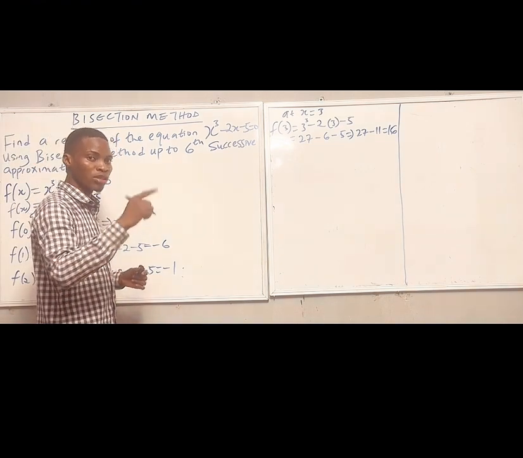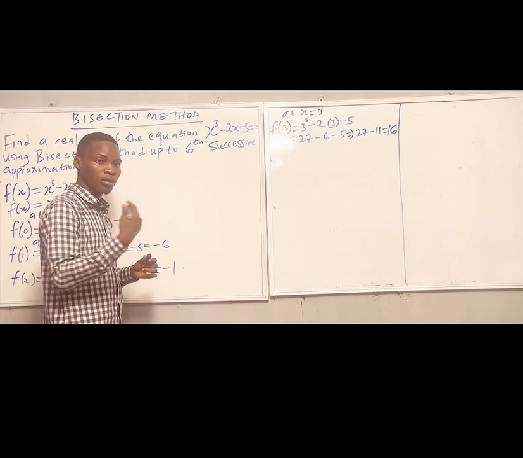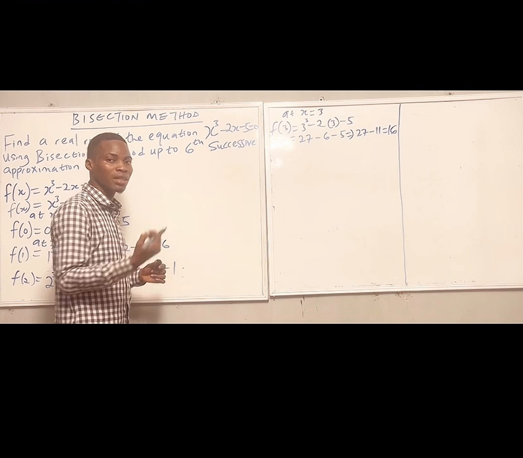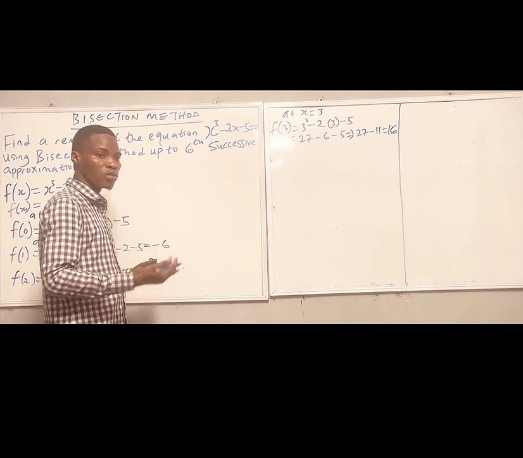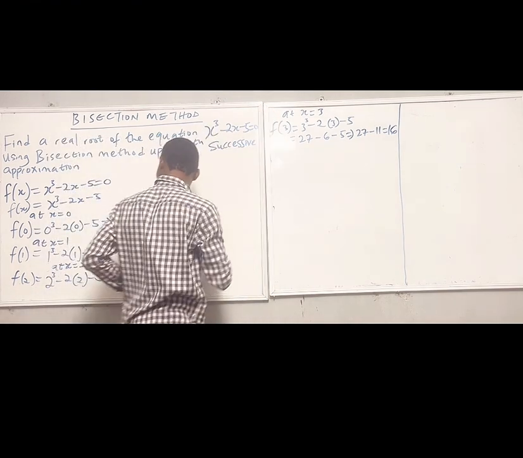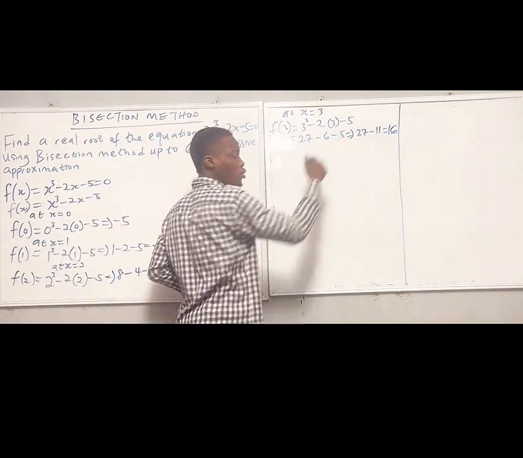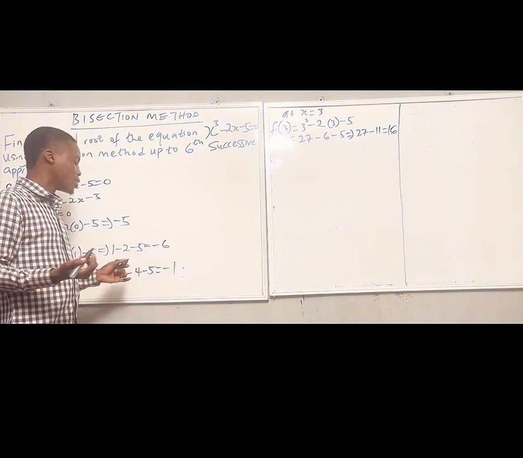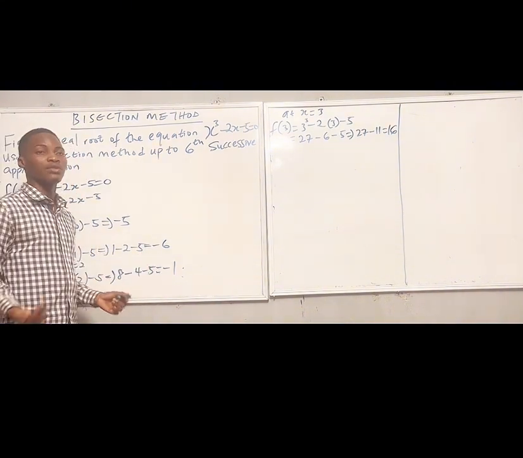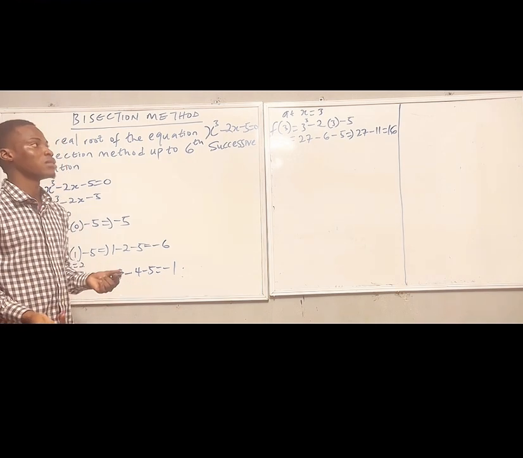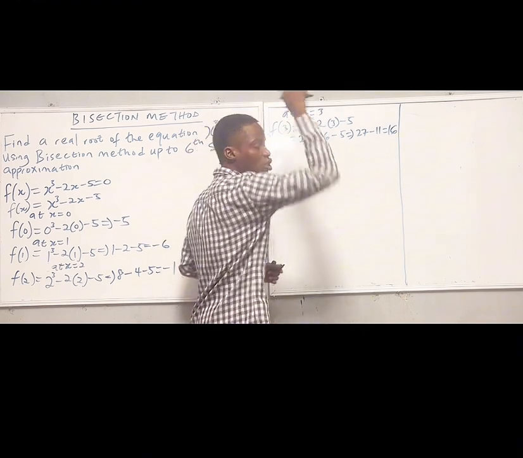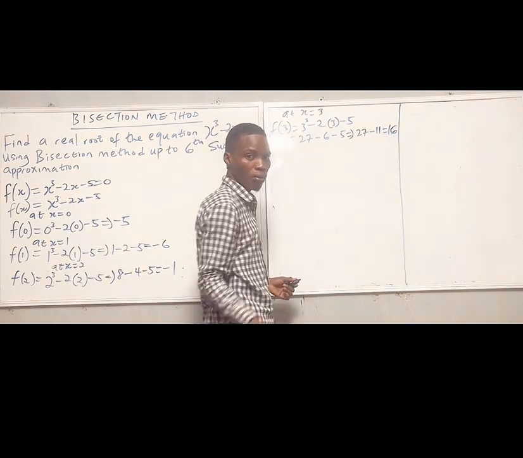I'll first do my iteration, and that will determine where my real root lies. Since f of 2 is negative and f of 3 is positive, my root lies between f of 2 and f of 3. That gives me negative and positive. Suppose this one is negative again and I do f of 4, if it is positive, I will take this one and f of 4.